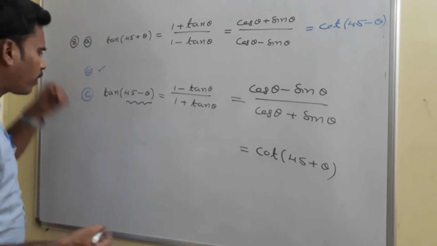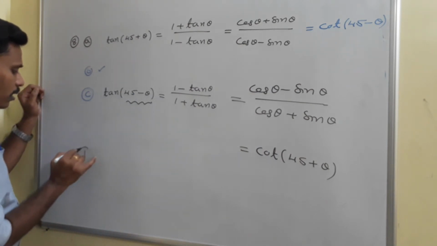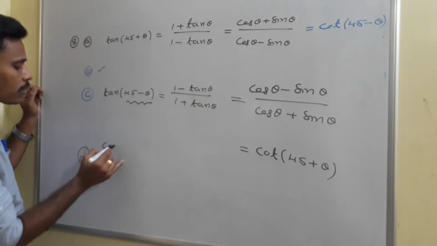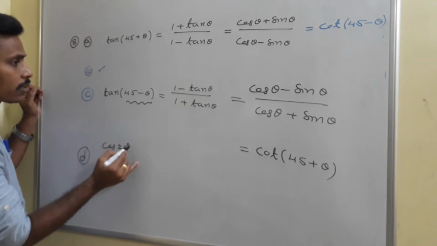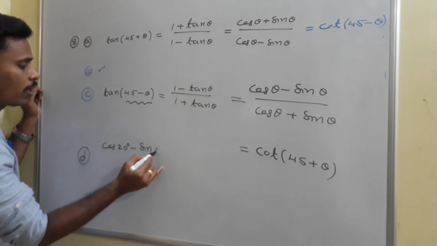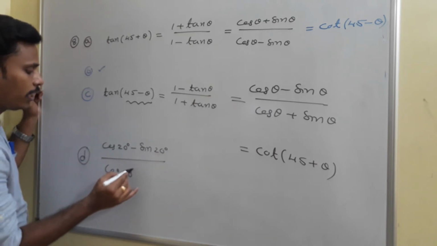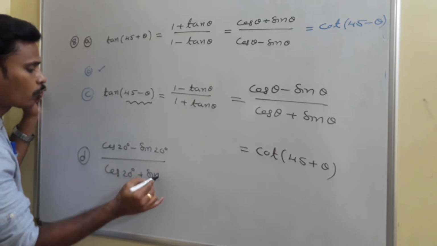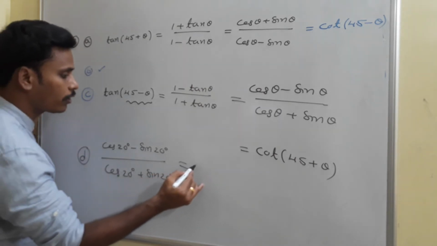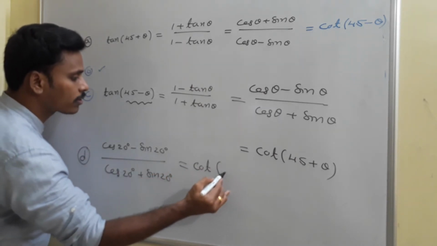So we have, see, suppose if I give you one more thing, D is equal to (cos 20 degrees minus sin 20 degrees) divided by (cos 20 degrees plus sin 20 degrees) is equal to cot of something.